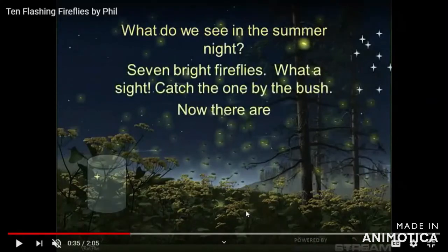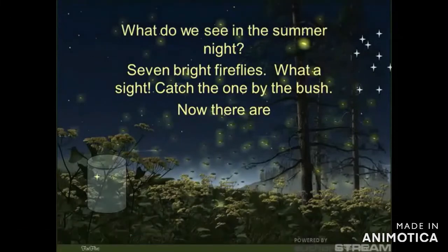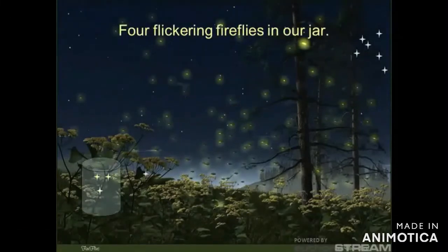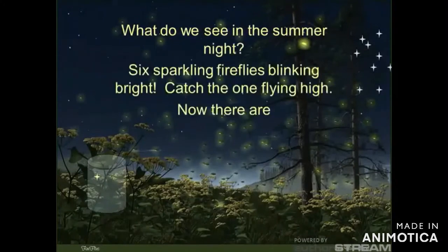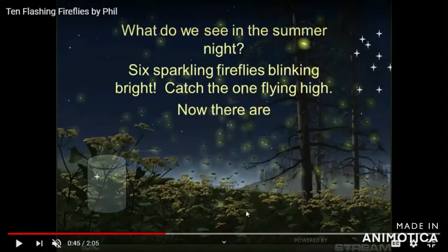What do we see in the summer night? 7 bright fireflies, what a sight! Catch the one by the bush. Now there are 4 flickering fireflies in our jar. What do we see in the summer night? 6 sparkling fireflies blinking bright.